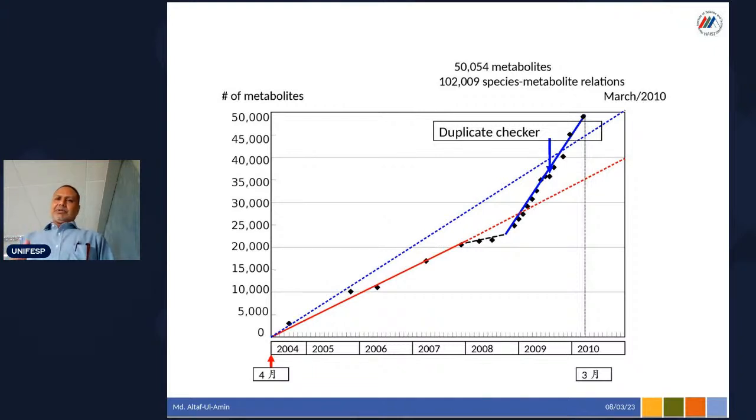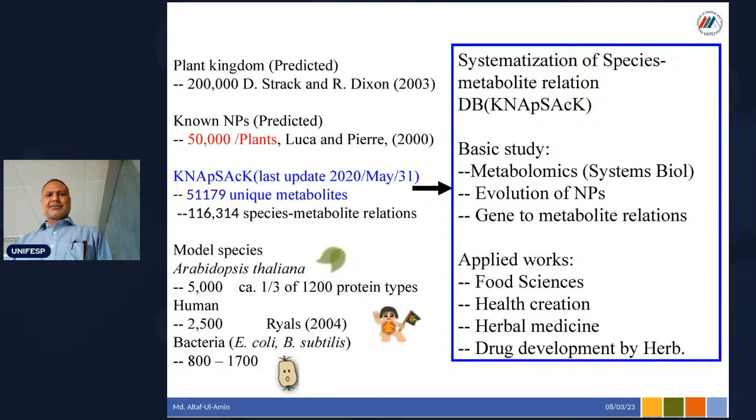And all the data we accumulated here is from published literature. So we have to explore a lot of papers related to natural products and their origin and their activities and so on. According to this reference of 2003, the predicted number of natural products in the plant kingdom is around 200,000.